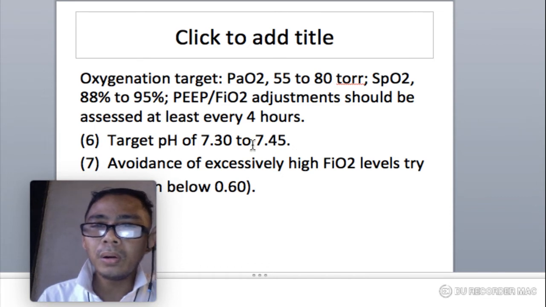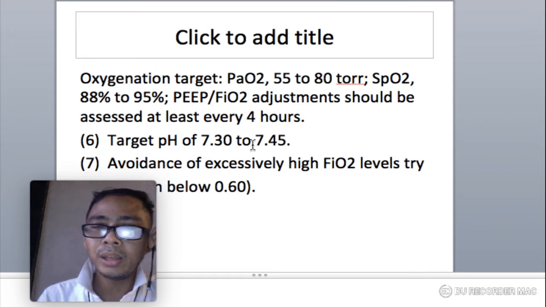Oxygen targeted PO2 is 55 to 80, and SPO2 of 88 to 95%. The continuity of the ARDS guidelines or strategy should be assessed every 4 hours, upon checking your hemodynamics or blood gas.